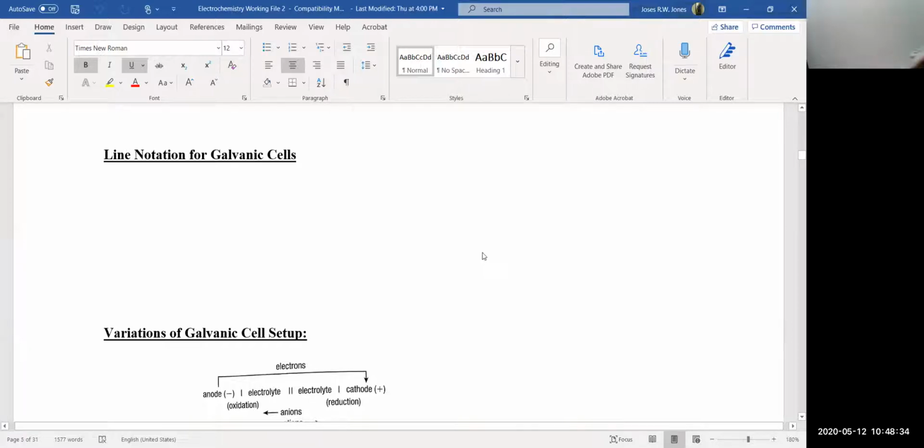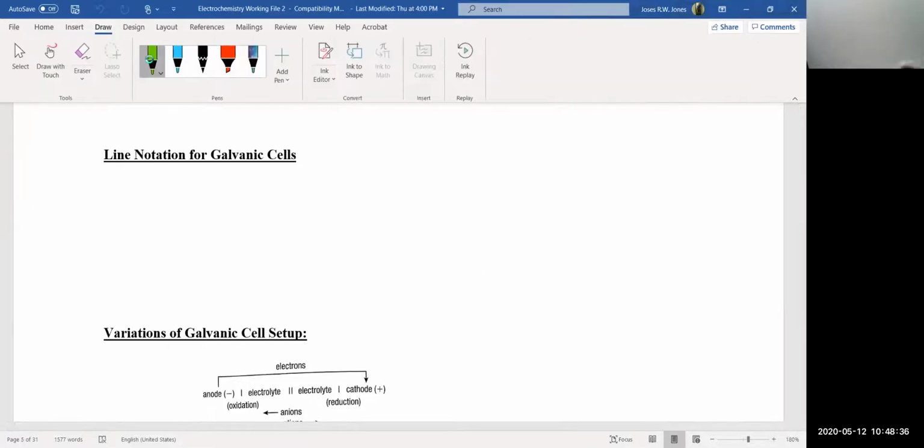Okay, now insert draw. Okay, green over here. So line notation for galvanic cells is the way of representing galvanic cells. Okay, and we start with the oxidation half cell on the left-hand side. Oxidation half cell on the left.